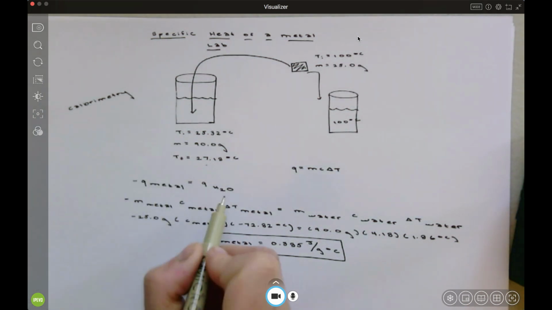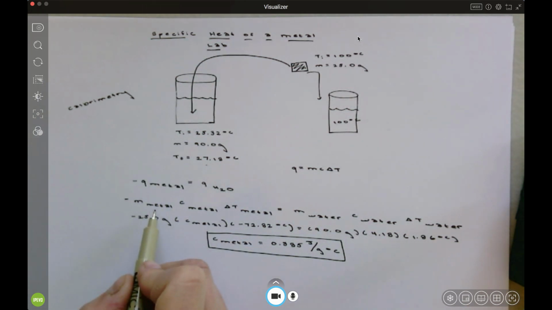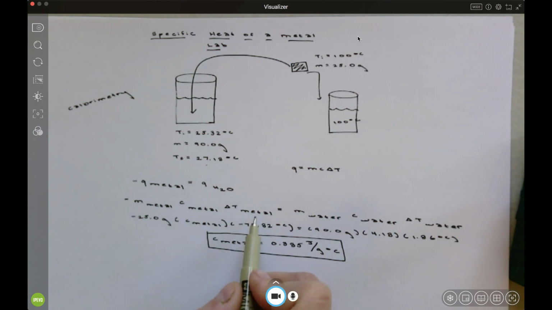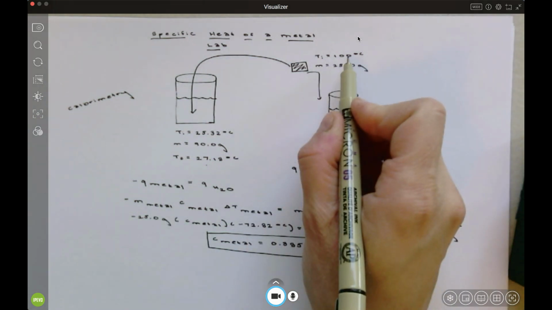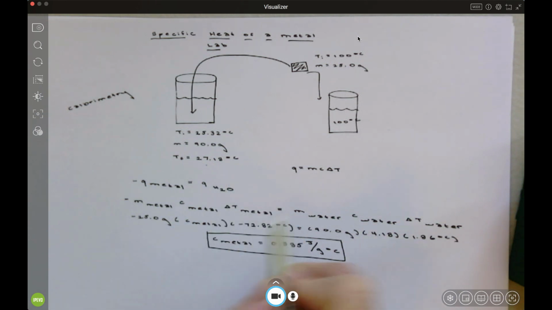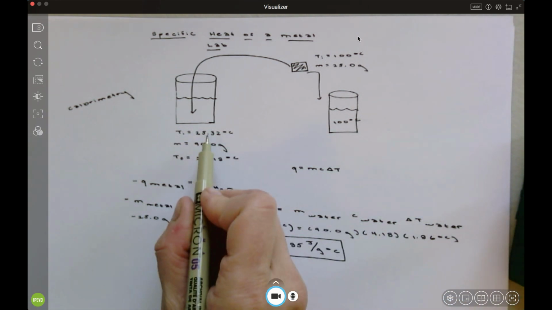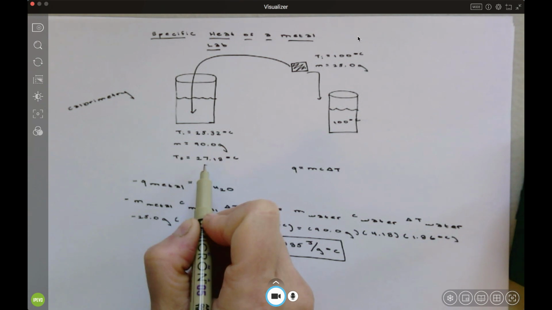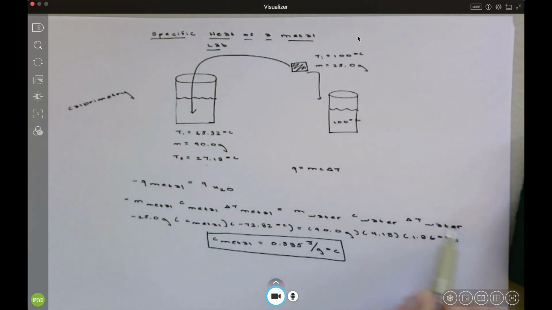What that allows me to do is say, all right, I know the mass of my metal. I know the change in temperature of my metal because it went from 100 to 27.18. I know the mass of my water. I know the specific heat of my water because that's given. And I know the change in temperature of my water. It went from 25.32 to 27.18. With all of that information, I now can calculate the specific heat of my metal.